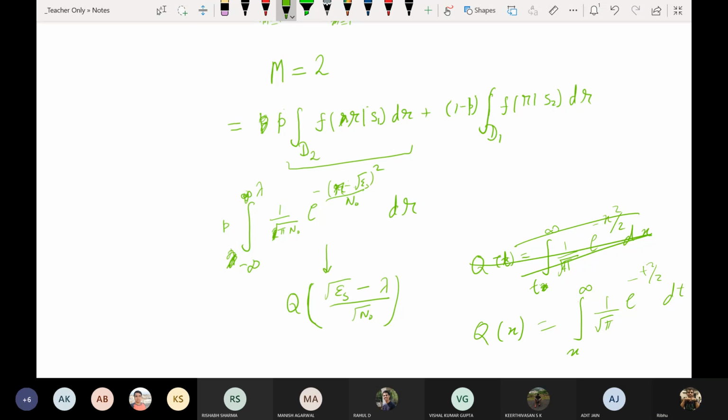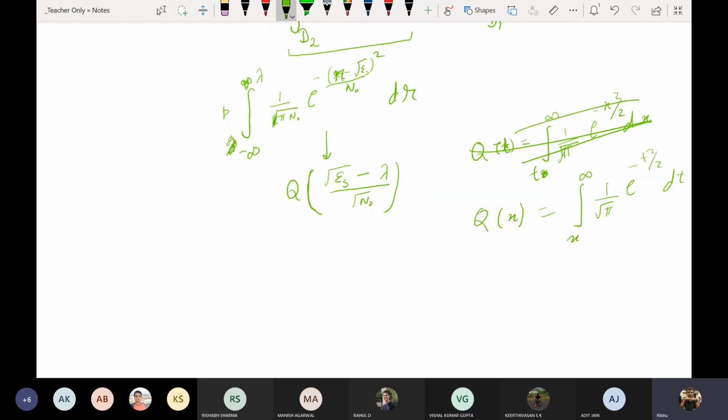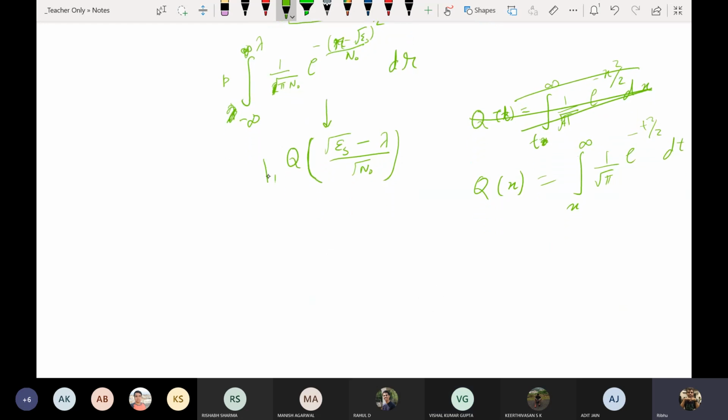This we did in the last semester, or rather this we defined in the last semester, again, as Vishal kindly mentioned in the last two lectures. Since there's a p here, this is p times this.